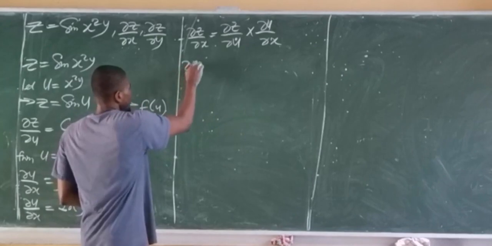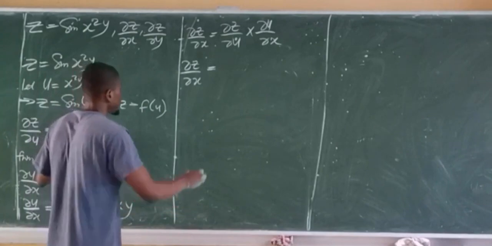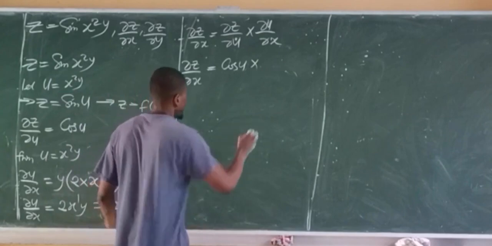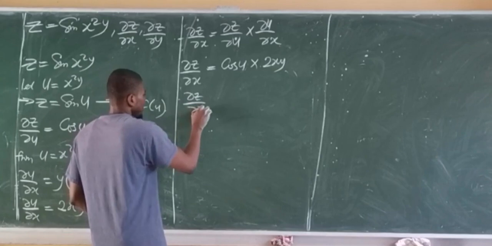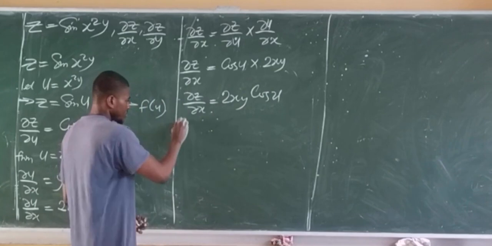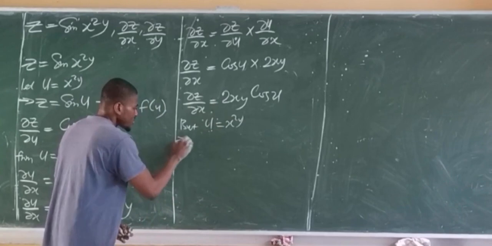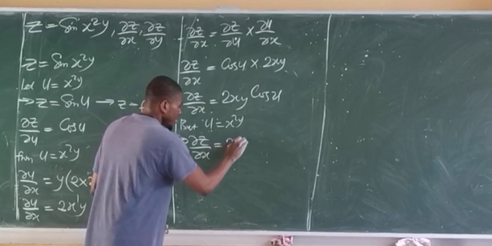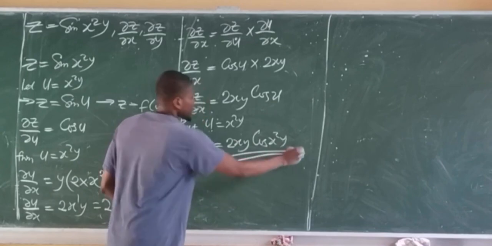So partial z, partial x is cos u times 2xy, which is 2xy cos u. But recall we said let u be equal to x squared y. So the partial derivative of z with respect to x is 2xy cos(x squared y).